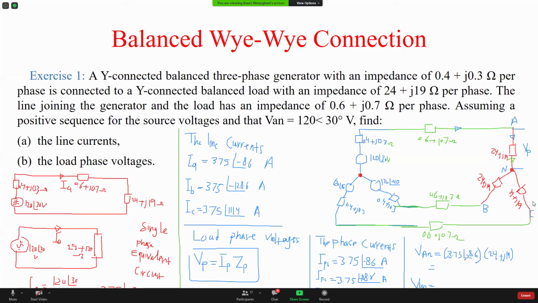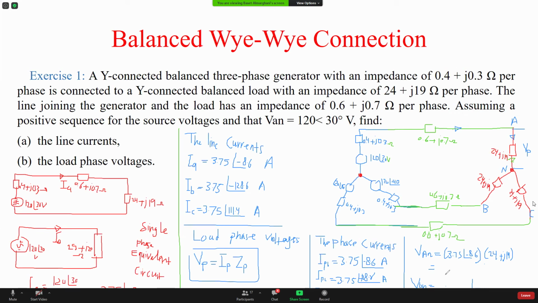If no one gives me the answer, whatever you get here, the magnitude is the same here, the same here. The angle minus 120, plus 120. Anyone with the answer?